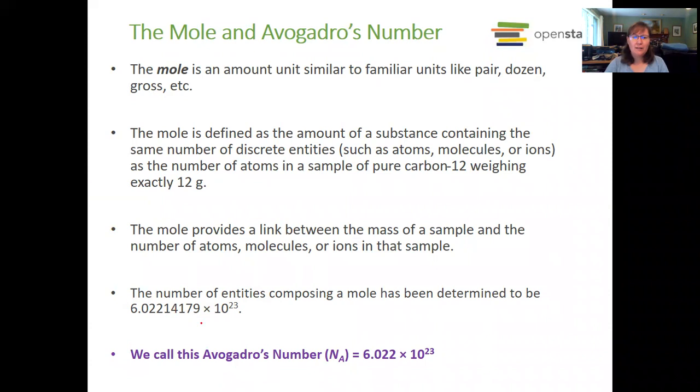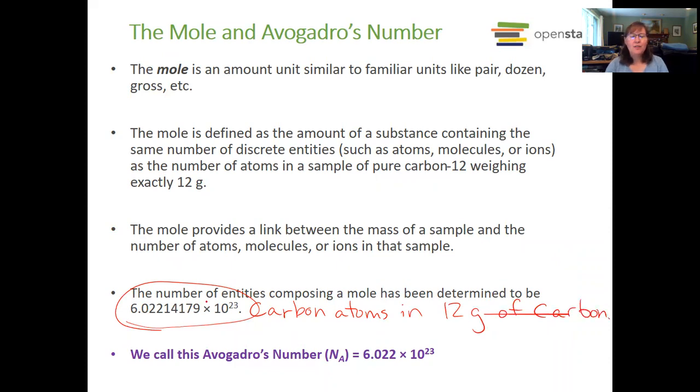What you do need to notice is here, the number of entities composing a mole has been determined as 6.02214179 times 10 to the 23rd. And where this number comes from is it's the amount of carbon atoms in 12 grams of carbon.